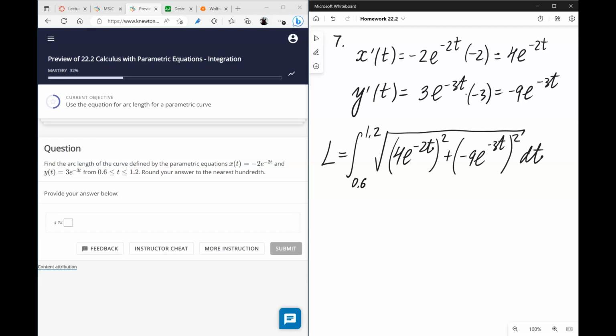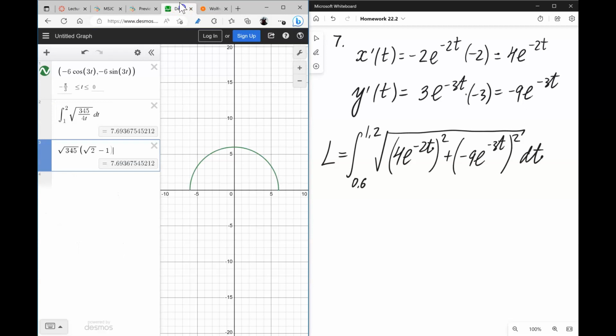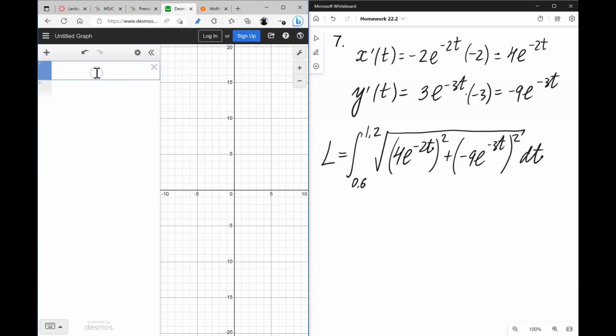So let's put it in Desmos, just like that. And that's the answer.